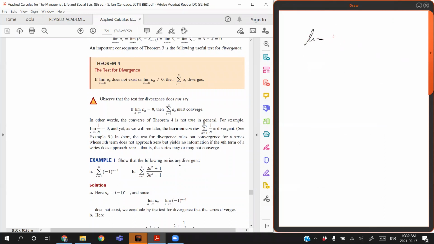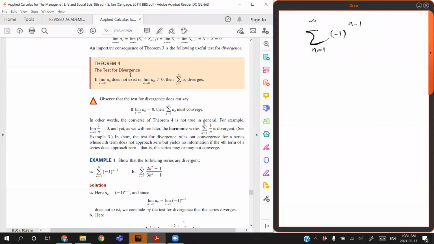Sigma of (-1) to the power of n minus 1, from 1 to infinity. The first thing that you do should always be the test for divergence.